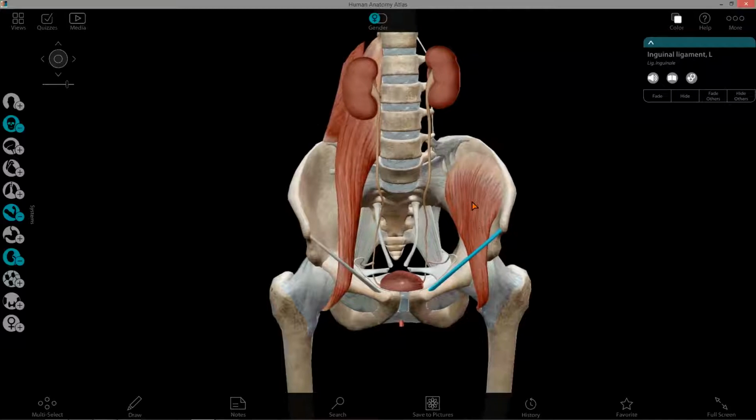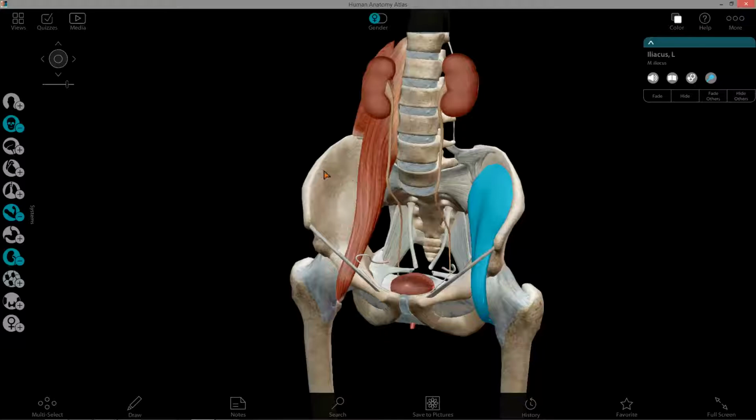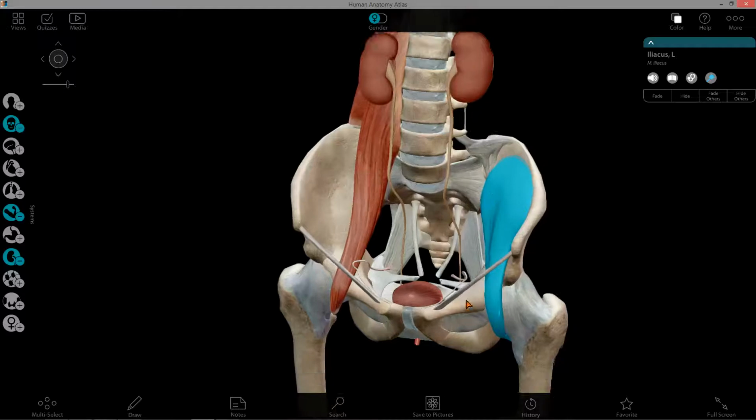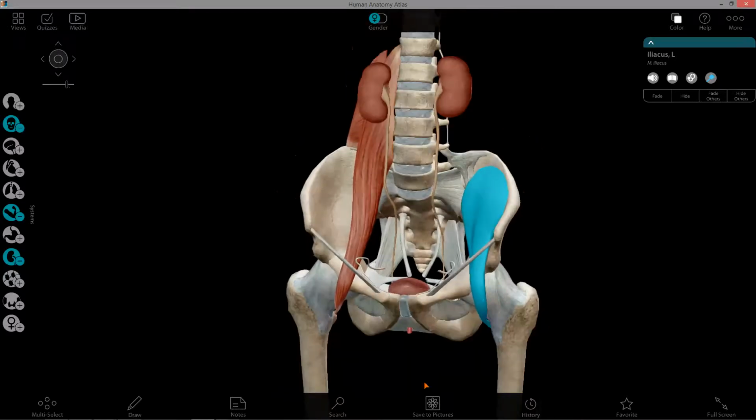The next muscle you might notice is the iliacus. The iliacus arises from the iliac fossa, which, if you remember, is this indentation in the ilium. It arises from the iliac fossa and joins the psoas to form the iliopsoas tendon.